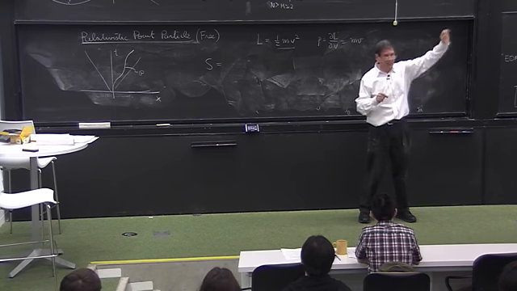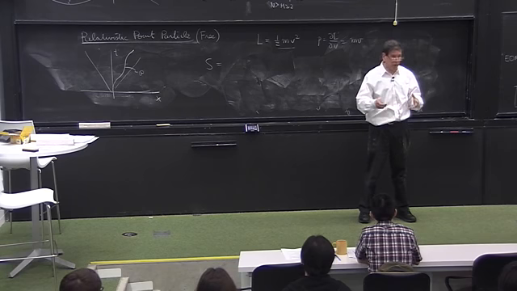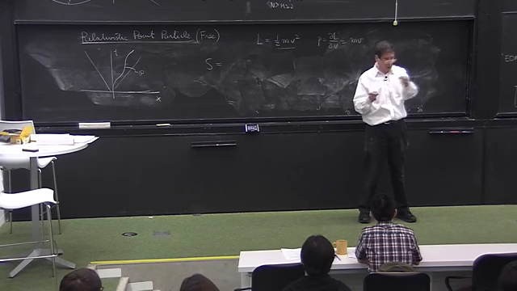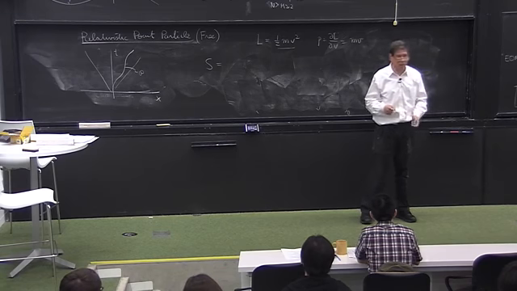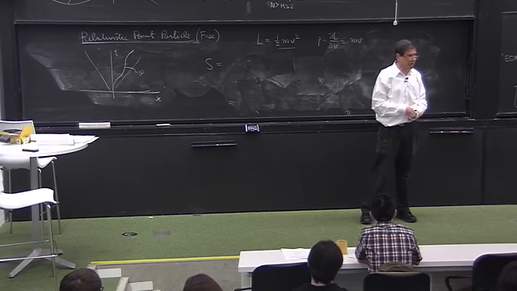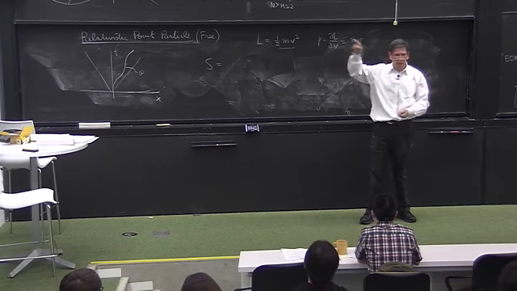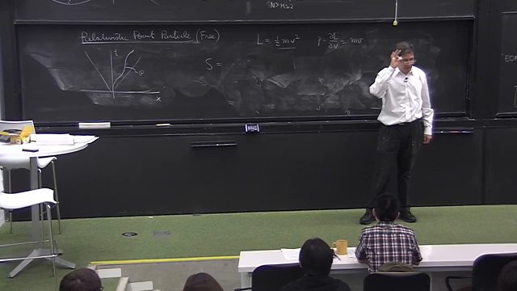Therefore, everybody agrees that that motion is physical. Every Lorentz observer agrees that the motion is physical. Therefore, you've got a Lorentz invariant formulation. If you take your equation of motion and it's satisfied, everybody will agree. So if I manage to write something that is Lorentz invariant, I have a chance.